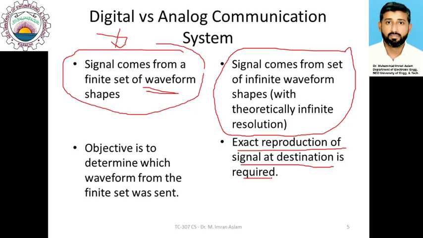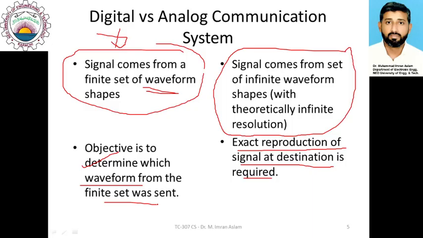However, for digital we do not want to reproduce the signal, rather we want to determine which of the waveforms was transmitted. So at the digital receiver we need to make a decision whether we transmitted a binary 0 or a binary 1.